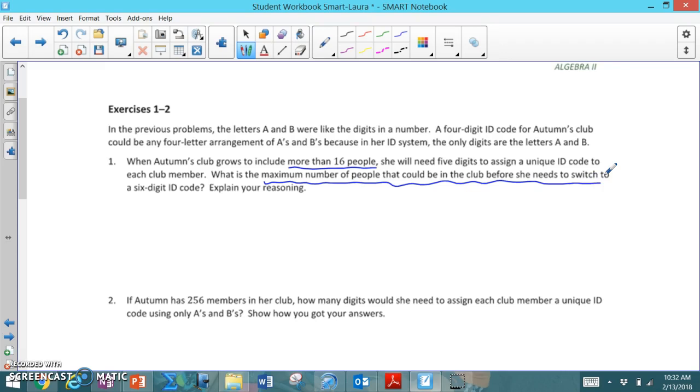Now, when I think about this, so 2 to the 5th power, okay, so the 5 is the digit code, equals 32. And if I was to do 2 to the 6th power, it equals 64. Now we could use logs in this case, so it would be log base 2 of 32 equals 5, log base 2 of 64 equals 6.